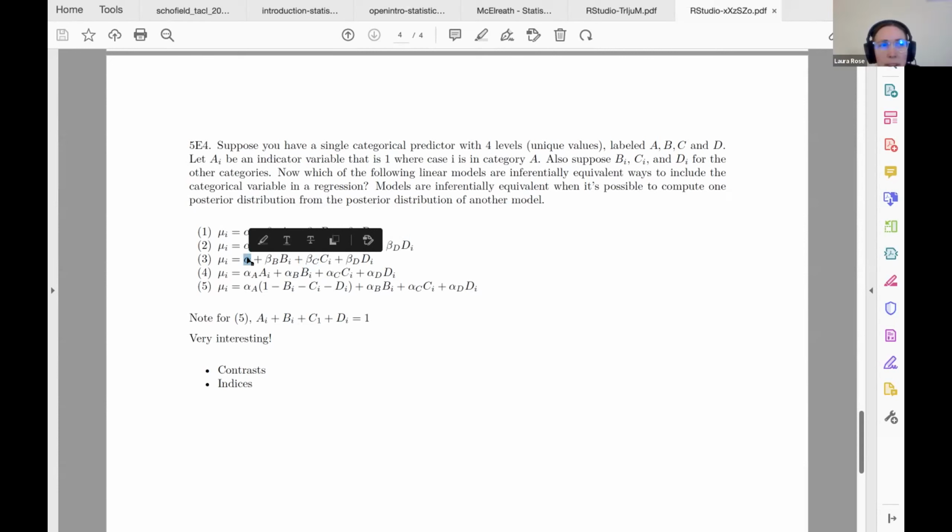I was wondering, is the posterior distribution referring to the mu sub i value, the response variable? If so, I would assume you'd be getting essentially the same predictions for all of the equivalent models, like the ones that don't, like 2 obviously is probably going to fail in LM. That's what I was thinking, but I wonder if I'm being too simplistic.